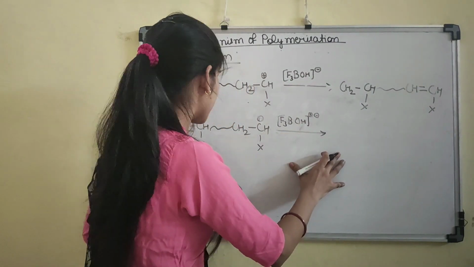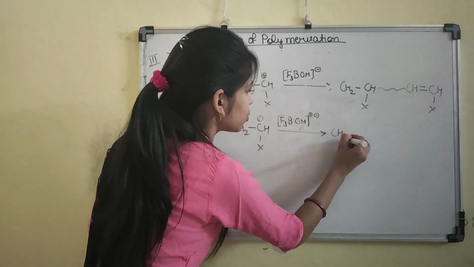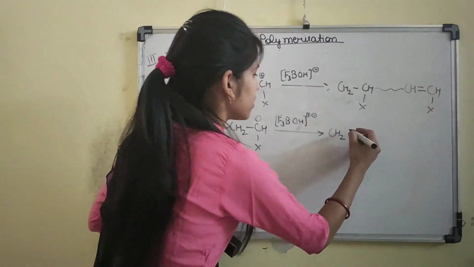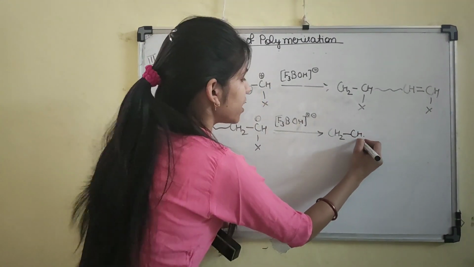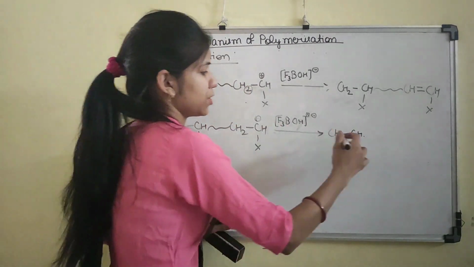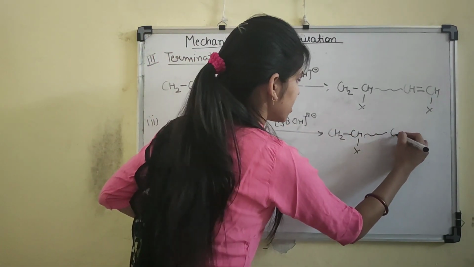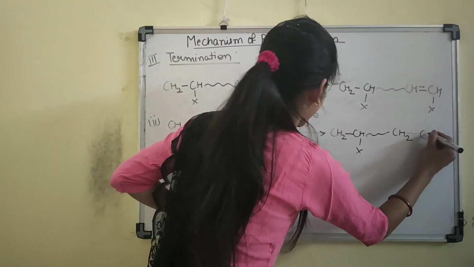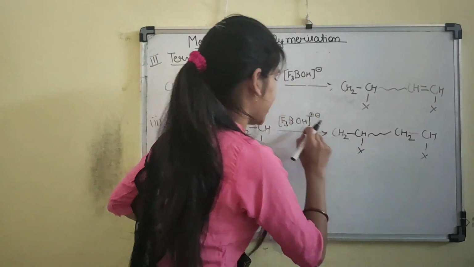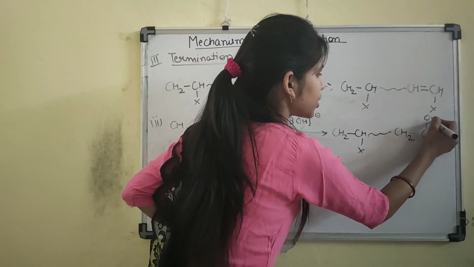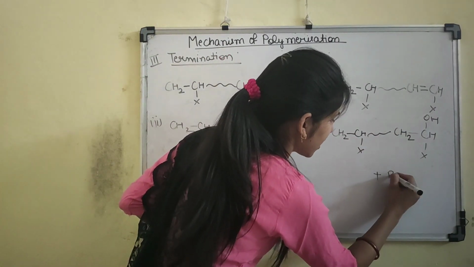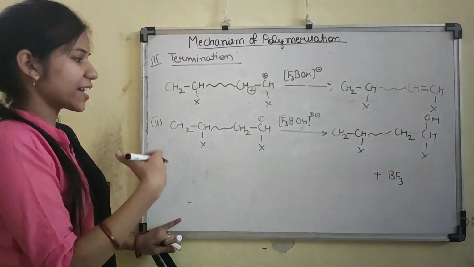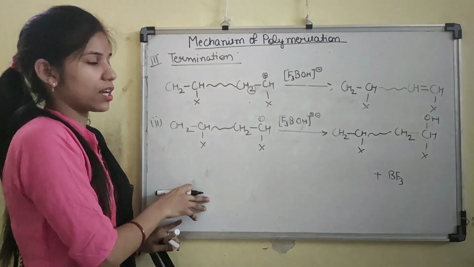The product is CH2 CHX, with a long carbon chain, CH2 CHX, and there is OH, plus BF3. So this is known as cationic termination.